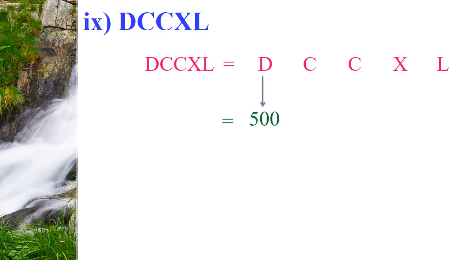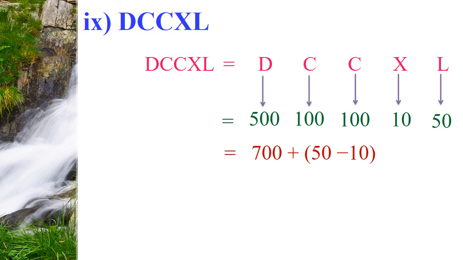Next one, DCCXL. So split the symbols. Next write their values. Here D represent 500, C represent 100, X represent 10, L represent 50. Next here larger number next smaller number. So we can add the numbers.